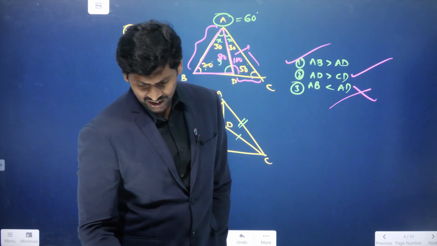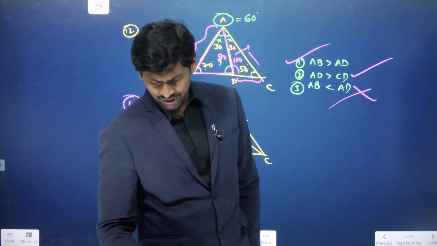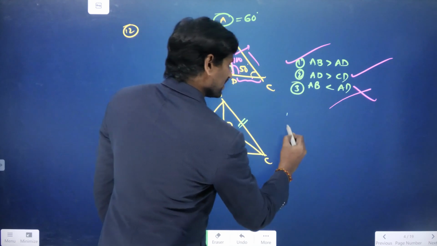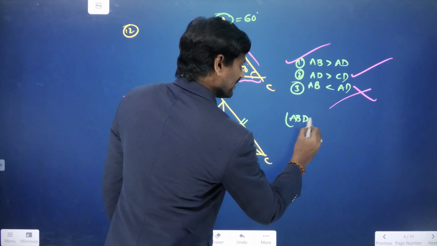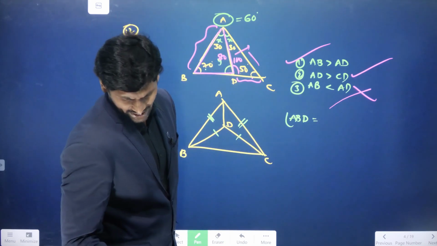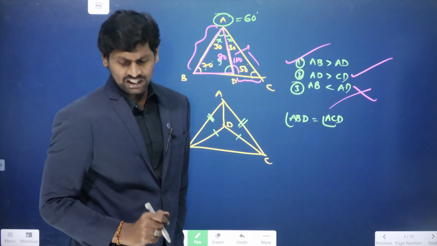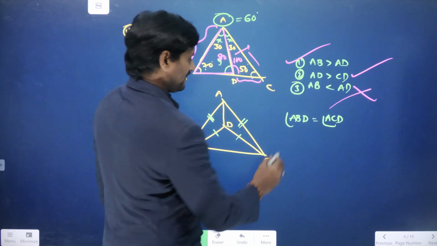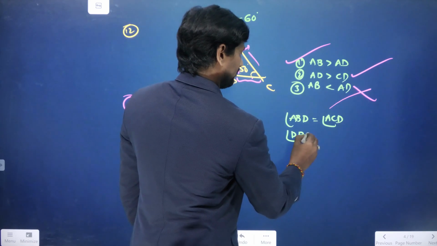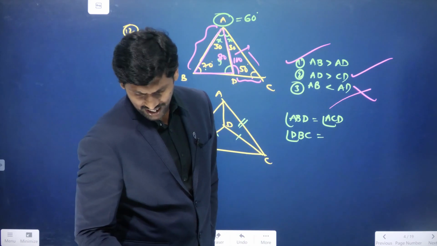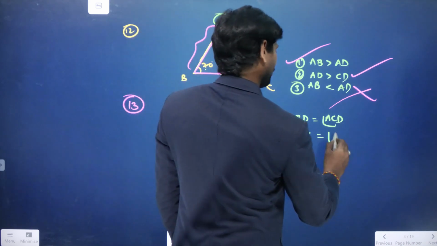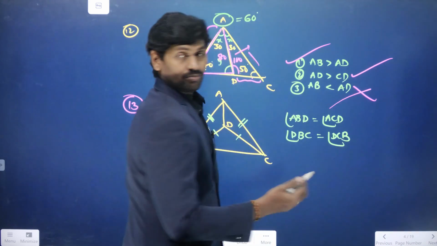Now which of the following are false? We should find the false statement. Let us see the options here. Angle ABD equals angle ACD; they seem equal. Second option, angle DBC equals angle DCB; both seem equal.